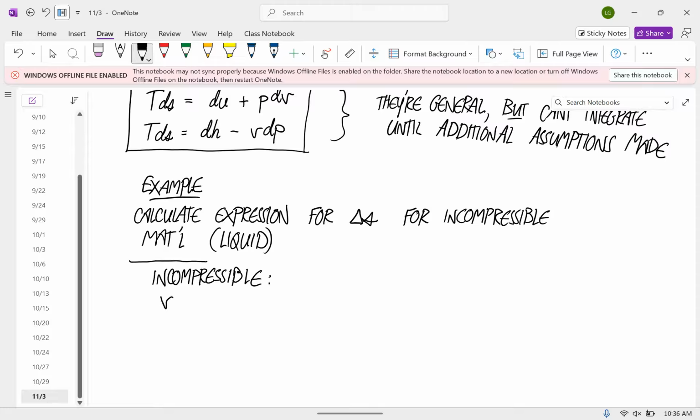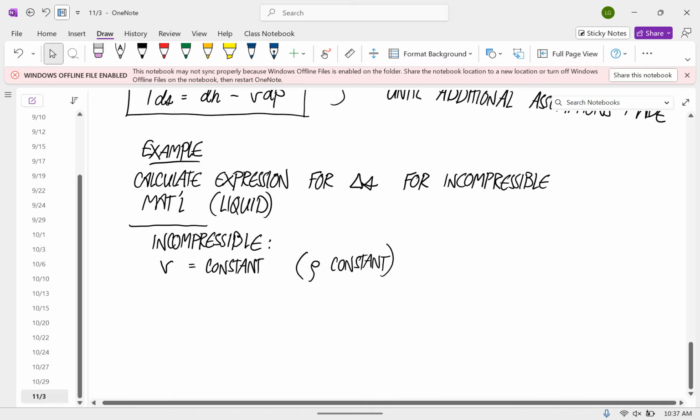So v is constant. Equivalent to that is that the density is constant. So at the top of the ocean and the bottom of the ocean, the density of the water is basically the same. The only small change is due to slight change in temperature.